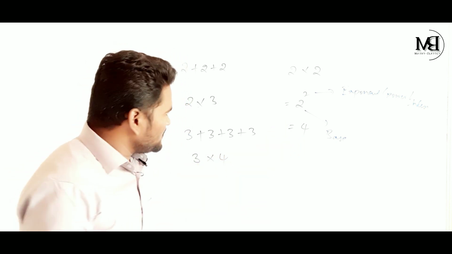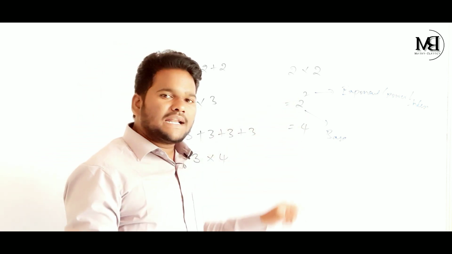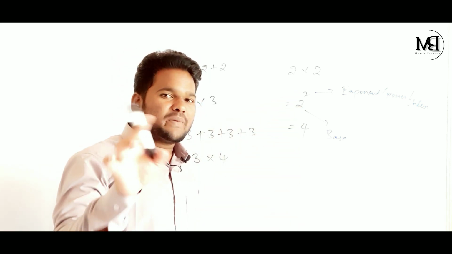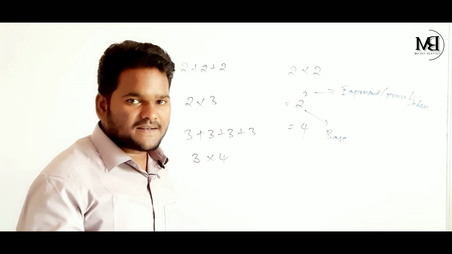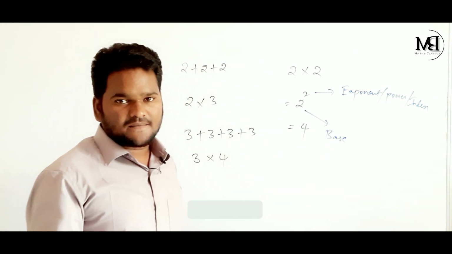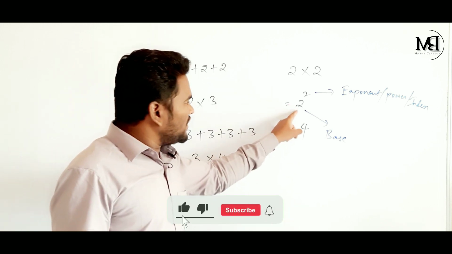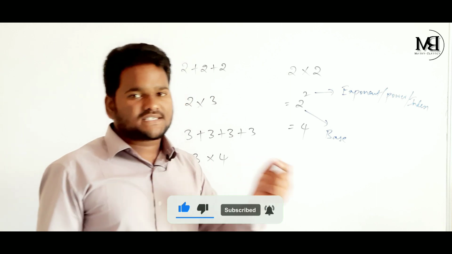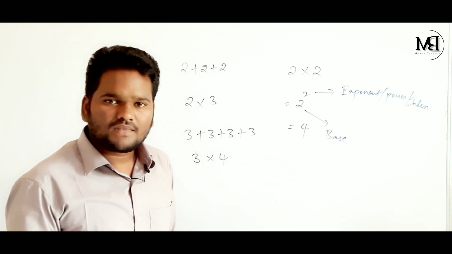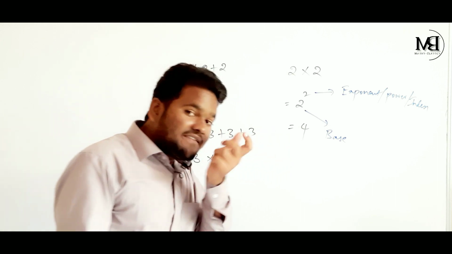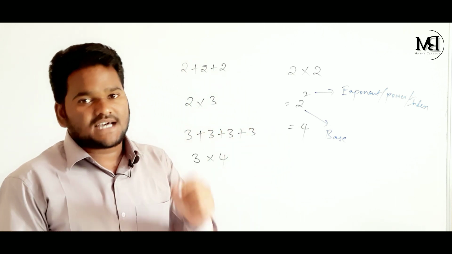But my dear children, this 2 power of 2 can also be known as 2 square, and this 4 is known as a perfect square. Why do we mention square here?